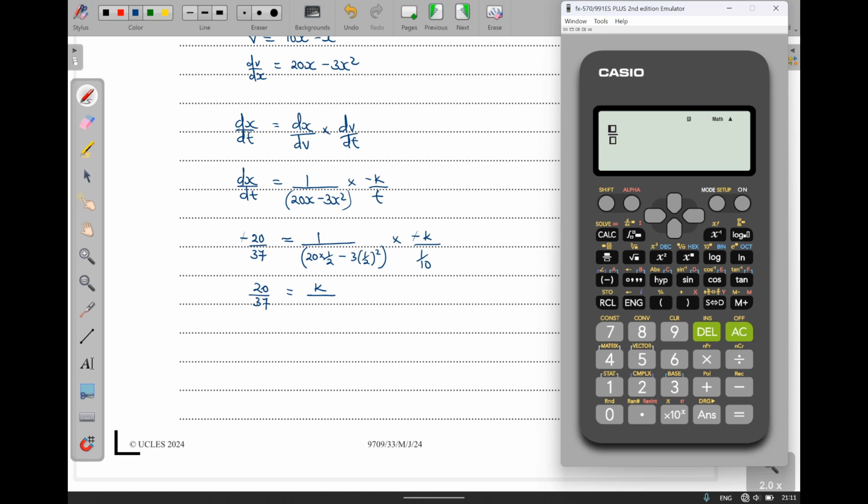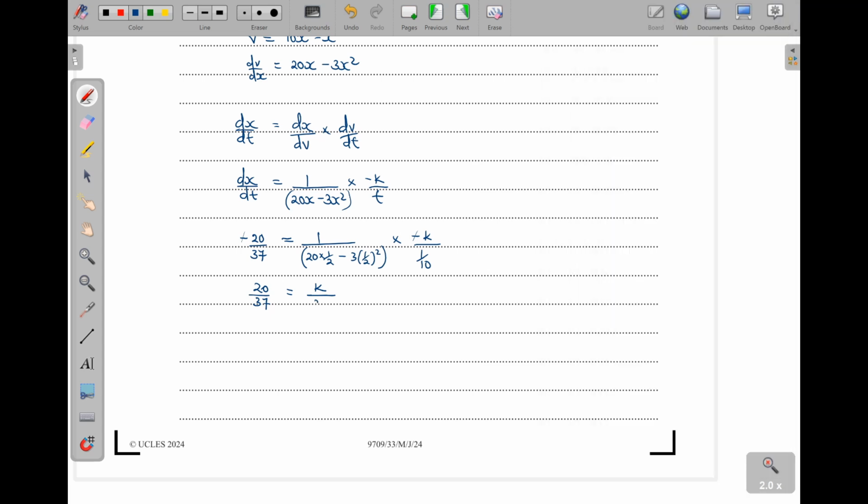We have actually 10. Remember, 20 times a half is 10. Then minus, we have 3 into a half, which is 0.5, then squared. Then down, there is 10. I'm going to put this 10 because I have 1 over 10. It is multiplying through, so we shall have a 10 here. So altogether, this gives me 37 over 40.